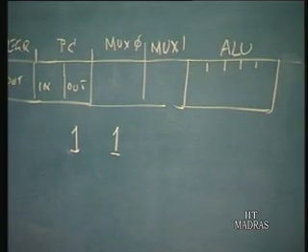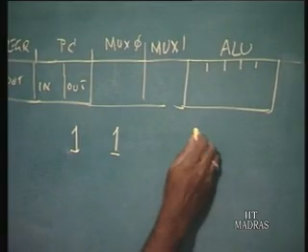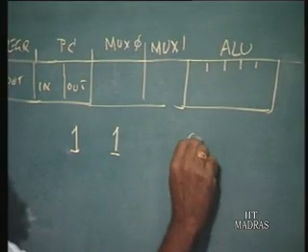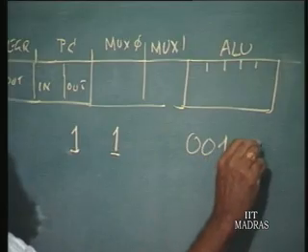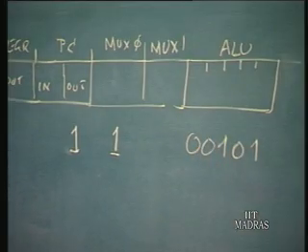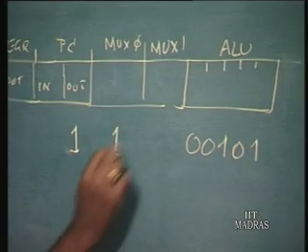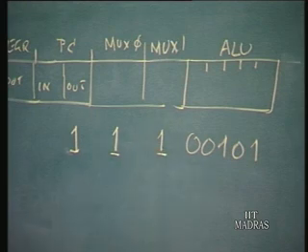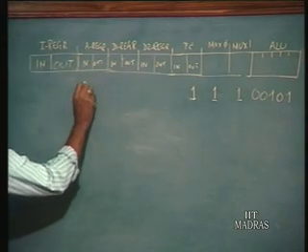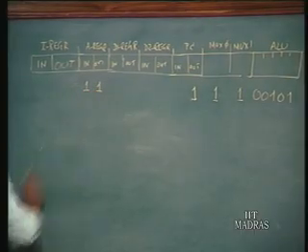Then the ALU, we have just arbitrarily assumed a code, that is 0, 0, 1, 0, 1. Then mux 1 again is 1, and then the A register, both in and out, must be 1.